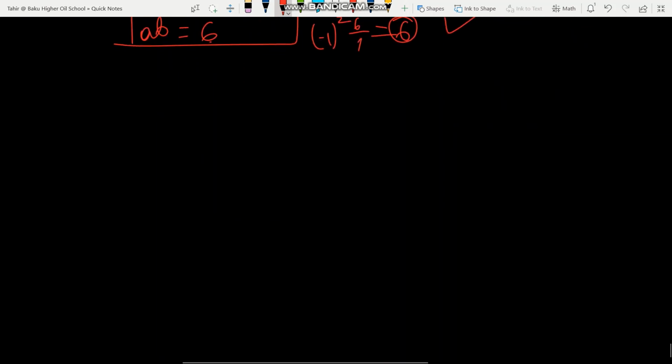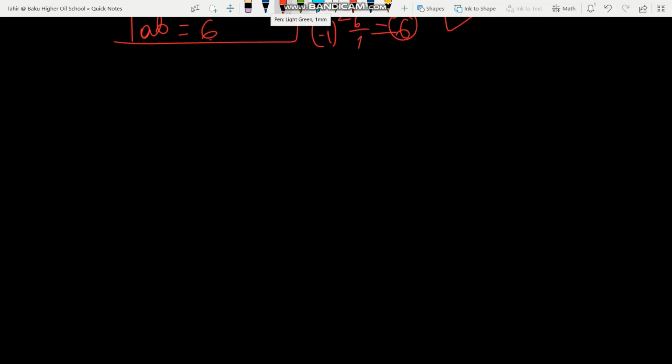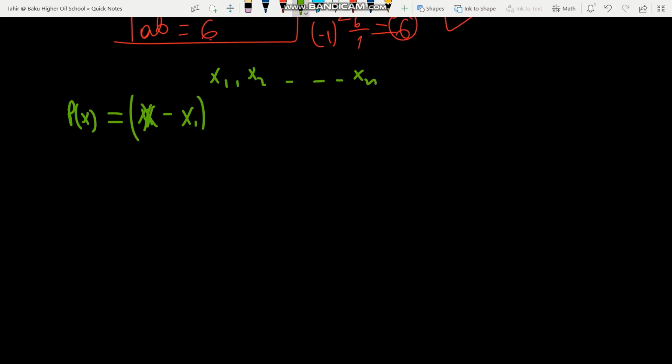And why is this theorem correct? Let's briefly talk about this. For example, let's take another p(x) with n different roots, and all of them can be written with the help of this kind of notation: x minus x1, where x1, x2 to xn are the roots of this polynomial function, x minus x2, and this goes to x minus xn.